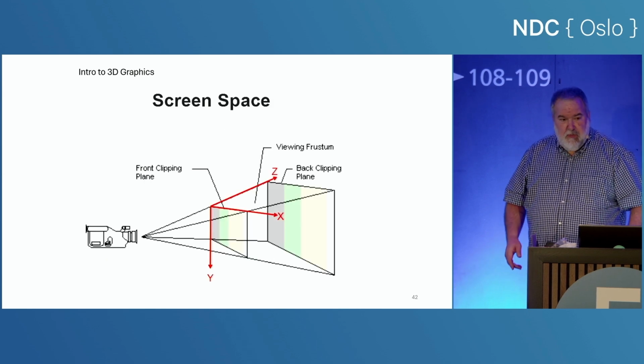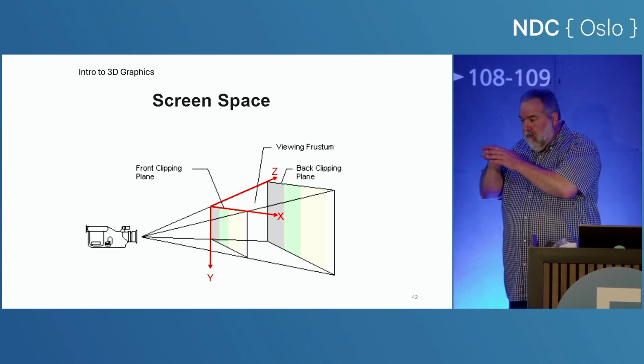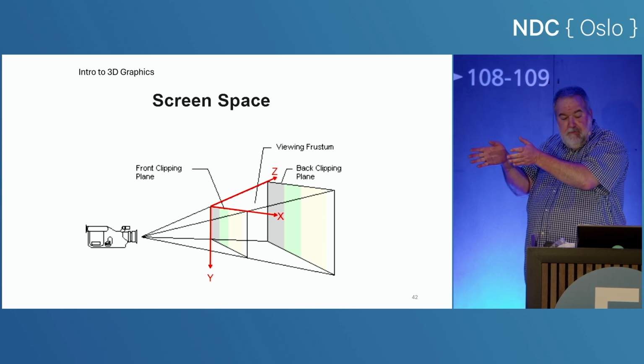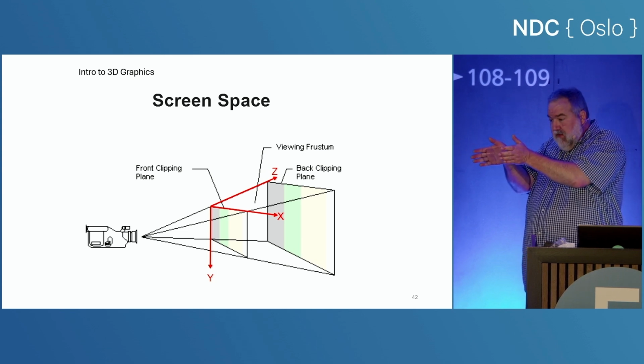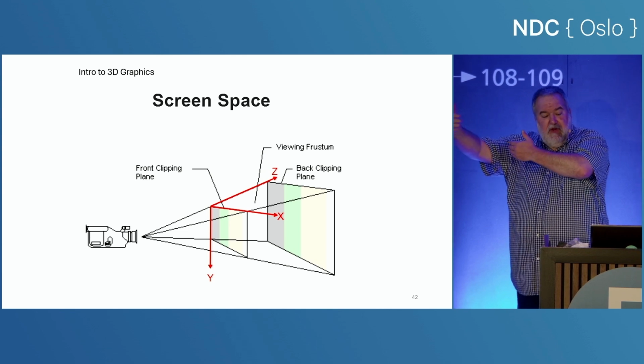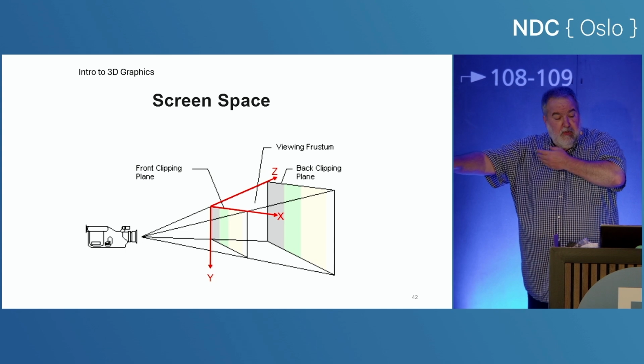When you have a camera and you're looking at something, you have your view that has a certain angle that you're looking at it. And there's a front clipping zone and a back clipping zone. Anything closer than this you want to ignore, anything further away you want to ignore.